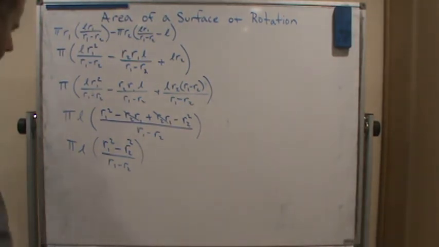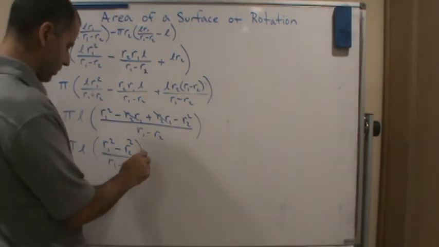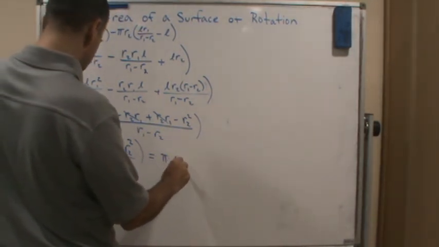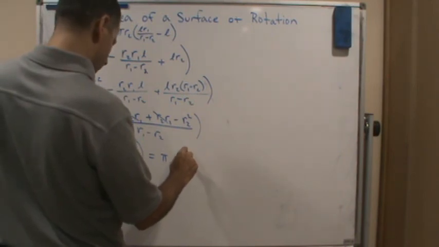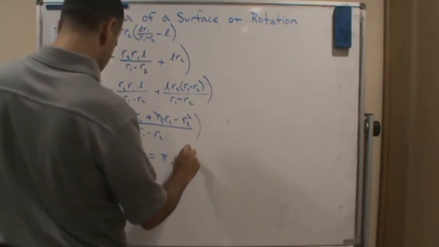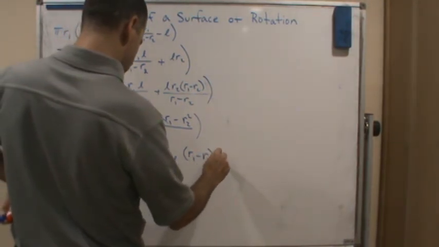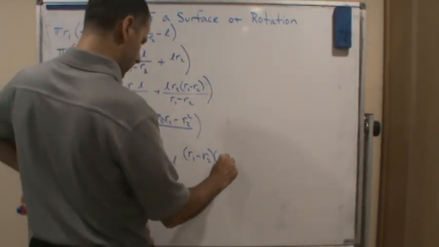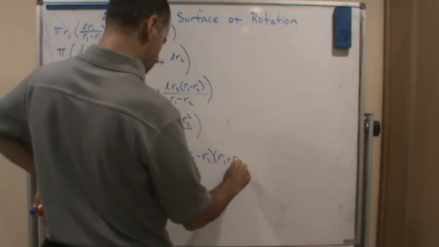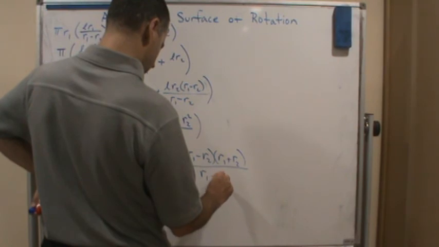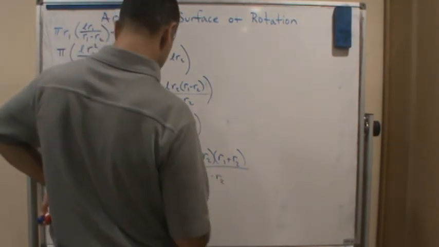Well, of course, this is the difference of two squares, so we can write this as pi times L, and we're going to say this is going to be R1 minus R2 times R1 plus R2 over R1 minus R2.